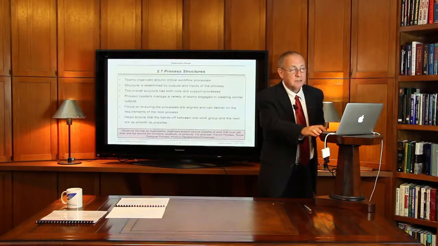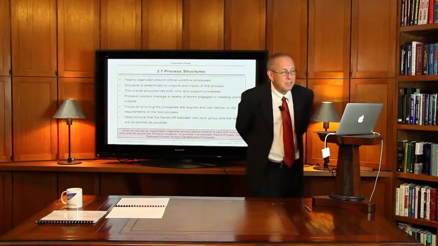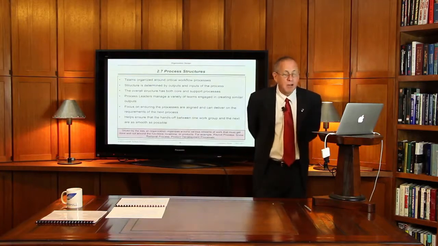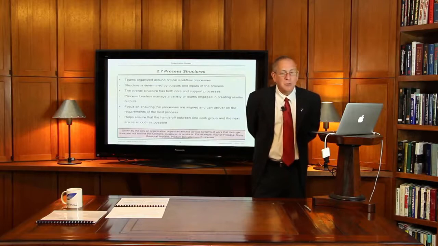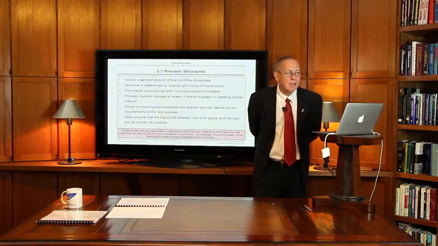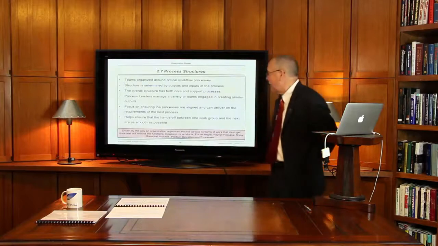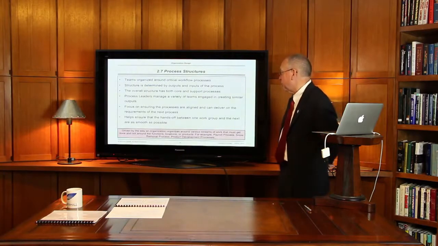The fourth one is process, where our teams are organized around workflow, around core business processes. So the structure of our organization is determined by the process itself, which can be both core and support. So what a process structure is driven by is the way an organization organizes around different streams.